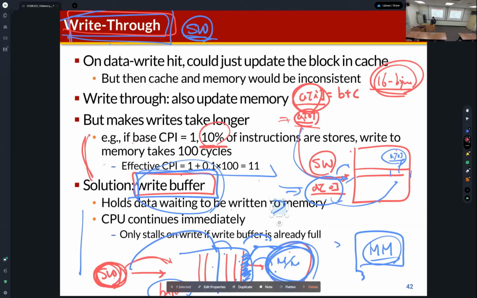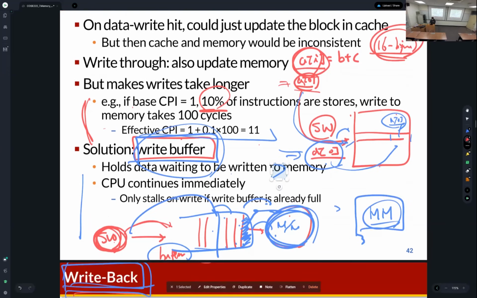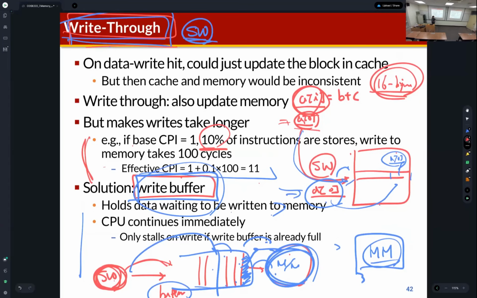Write through means that in the write hit case, when the store instruction is executed, the corresponding block is found in the cache, so the target data should be updated. When the store instruction is executed, both the data in the cache and the data in the memory are updated immediately.